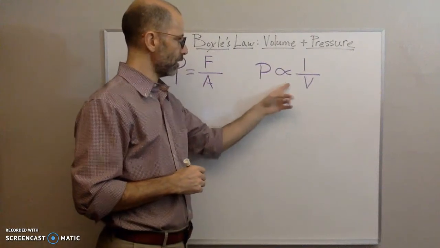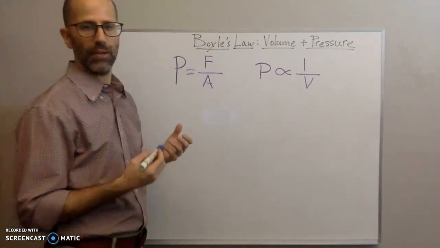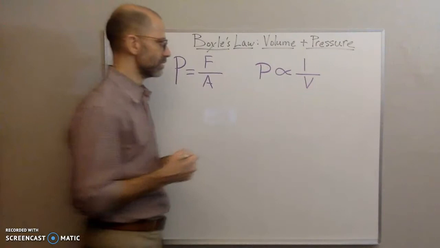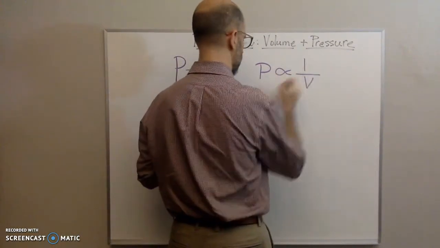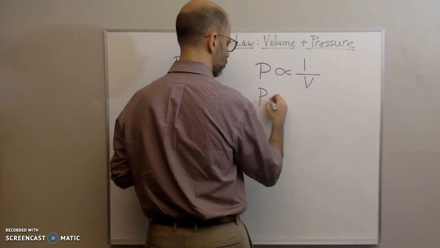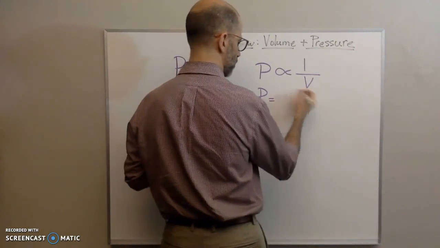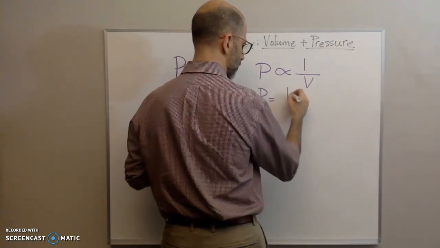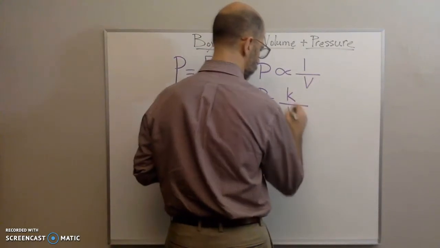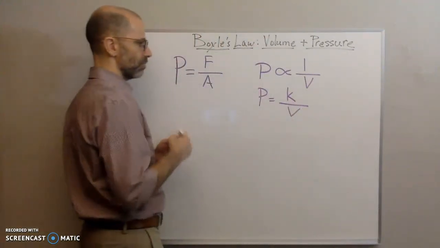So this is proportionality. If I can multiply this by a certain constant, then I can make that equal. So that means that pressure would be equal to some constant K over volume.